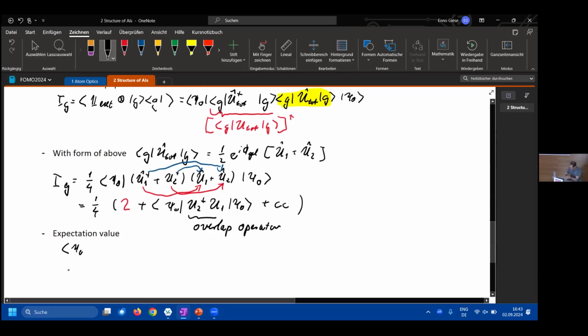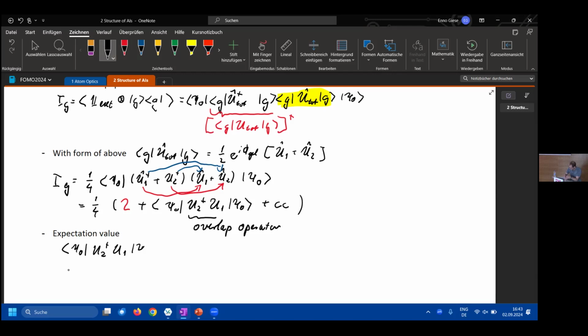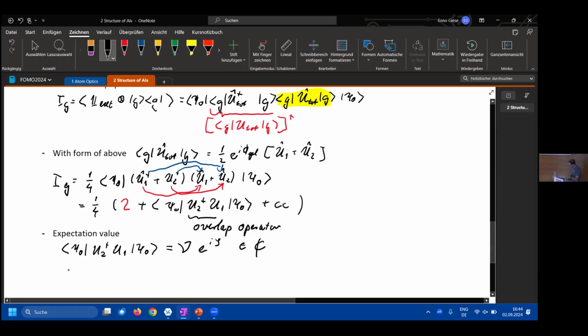So this is psi naught times U2 dagger times U1 times psi naught, and this can be a complex number. We write it as modulus and phase: this modulus is just an ugly V, and a phase e to the i phi. Of course, this is a complex number, with modulus and this is the phase.